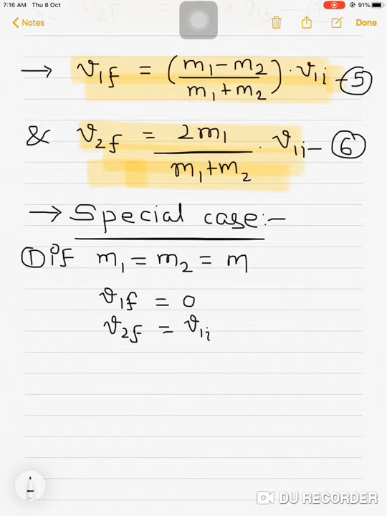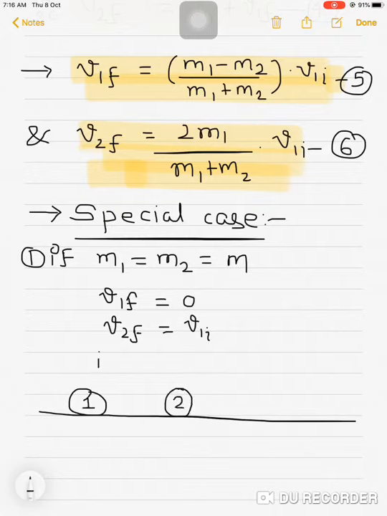So if both the objects are of the same mass, then what will happen? Let us consider it with the figure. This is object 1, this is object 2. This is the initial condition. Object 1 is moving with v1i and object 2 is stationary.